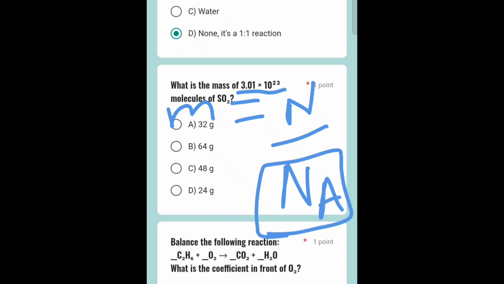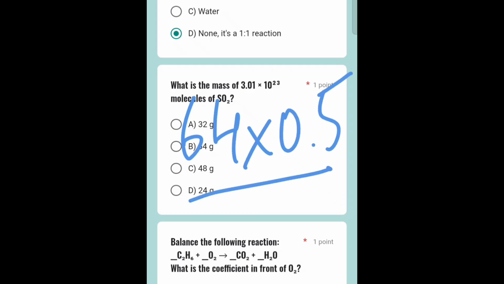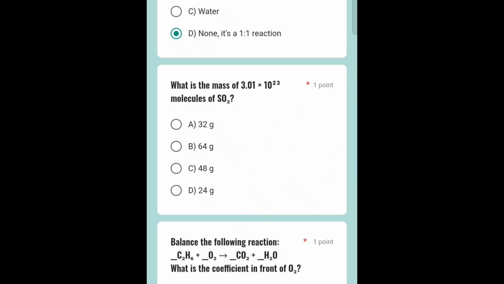So we get the number of moles n, that is half. Mass is found by the number of moles multiplied by the molar mass. As we know, the molar mass of SO2 is 64, so we multiply 64 by half and get our answer, that is 32 grams.